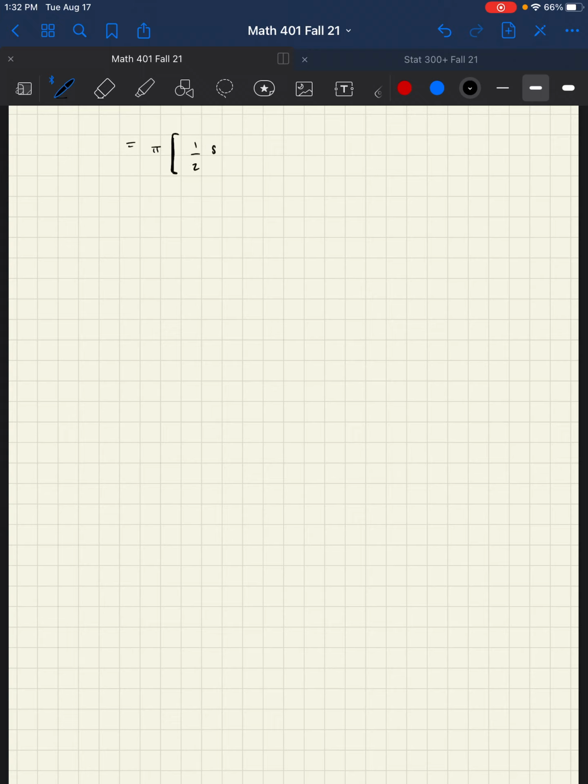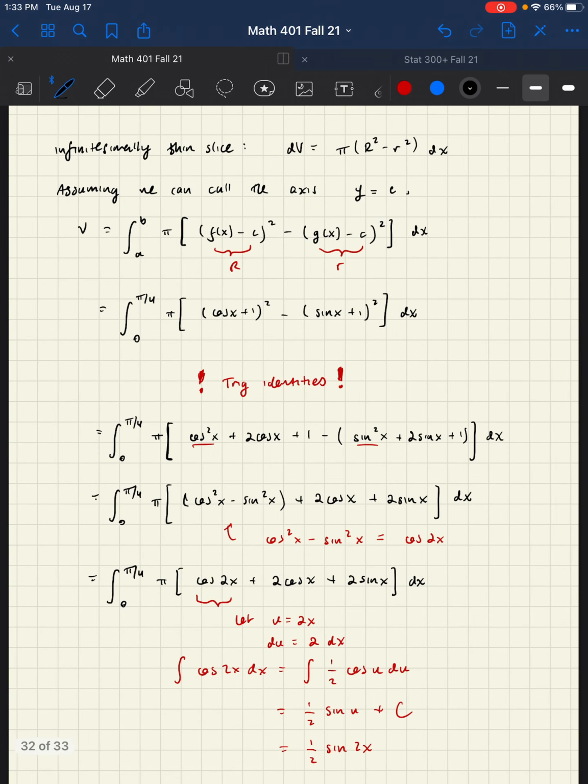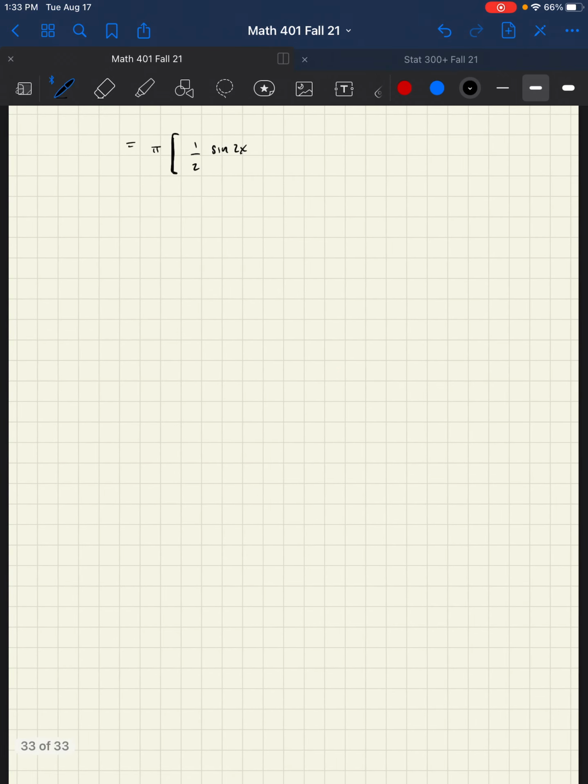So it equals pi times, remember we said that was 1/2 sine of 2x, and then was that a minus or a plus? That was a plus. It's all addition at this point. Plus 2 sine of x minus 2 cosine of x. These are the integrals of those two remaining terms, and it's all from 0 to pi over 4.